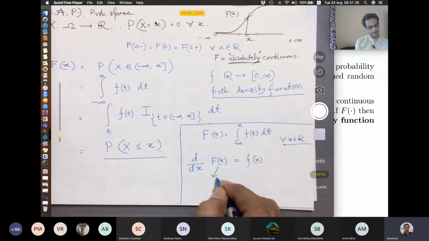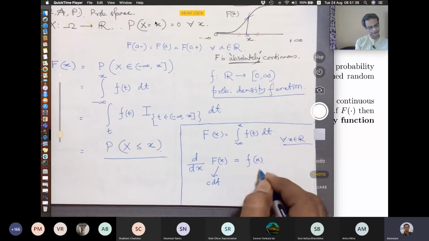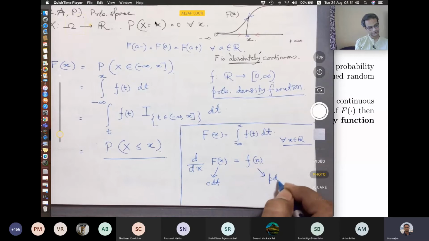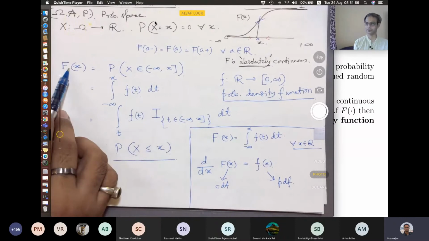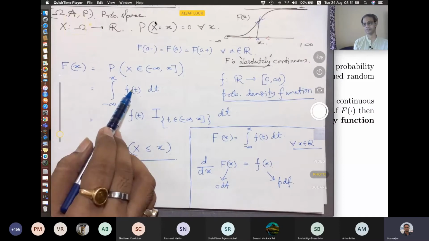So this is your CDF and this is your PDF for a continuous valued random variable. If you are given a CDF of a continuous valued random variable, to get the PDF you just need to differentiate it. If you are given a PDF, to get the CDF you just need to integrate.